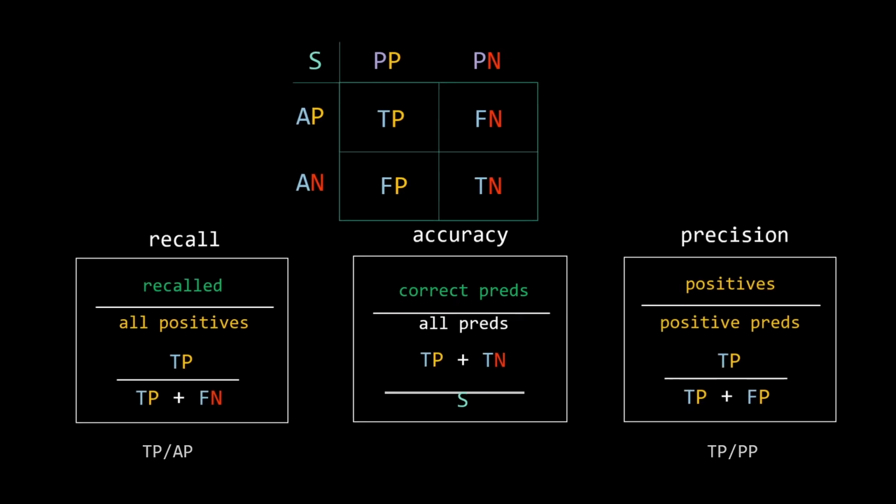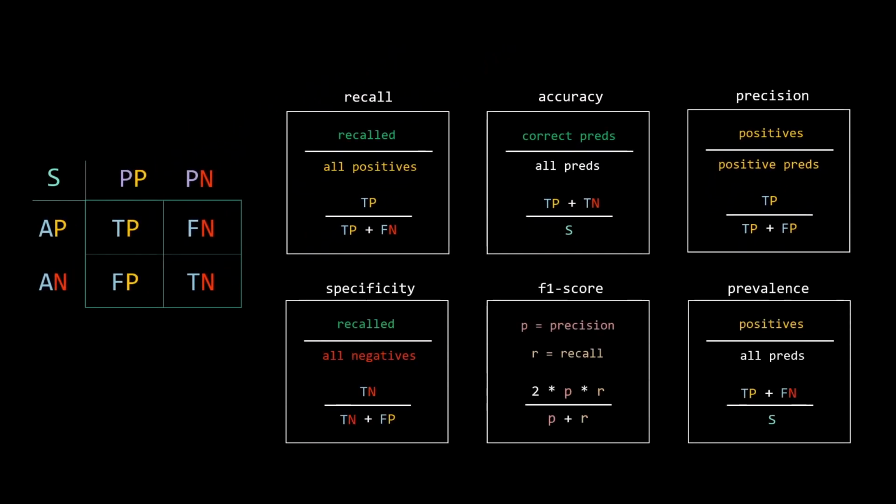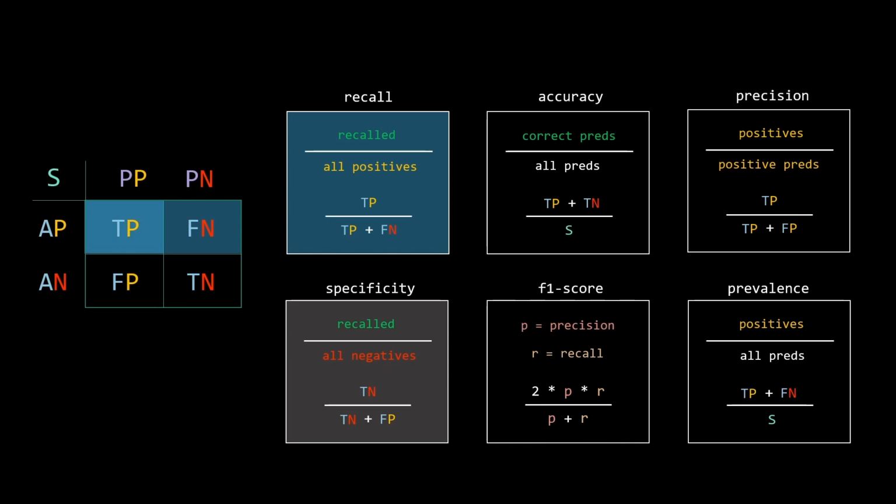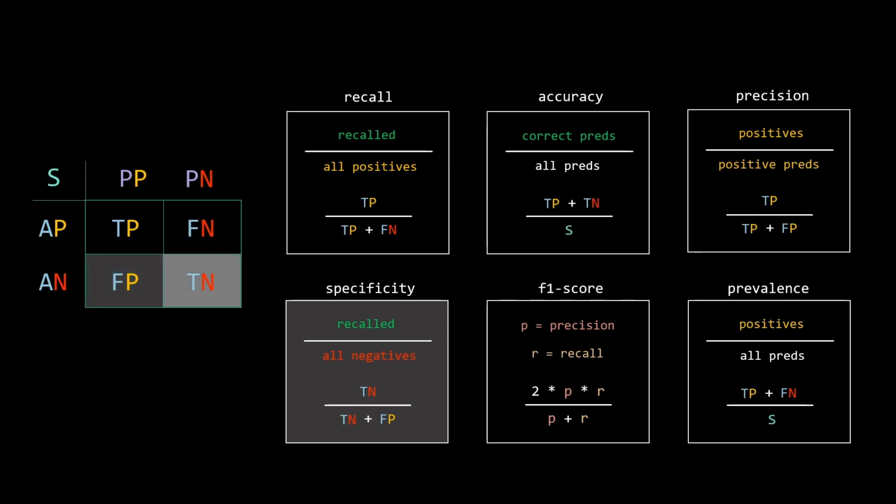And from here, we can generate three more metrics: specificity, F1 score, and prevalence. Now, specificity is a lot like recall. You can think of it as the negative complement, whereas recall is the true positives over all the positives, the specificity is the true negatives over all the negatives. So it's basically saying that out of all the negatives, how many did our model pick up as negatives?